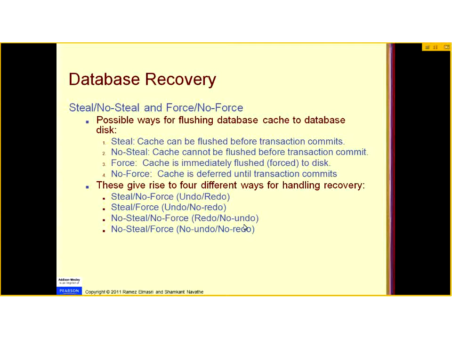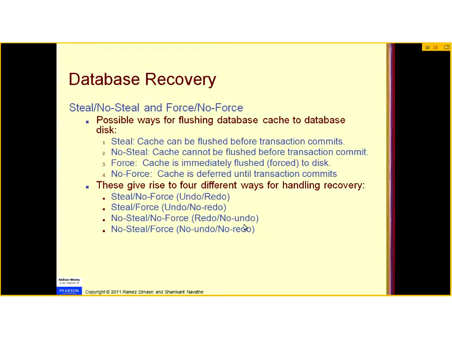Then there are possible ways for flushing data items, flushing database cache to database disk. The possible ways are steal, no steal, force, or no force. So when you say steal, it means cache can be flushed before transaction commits.